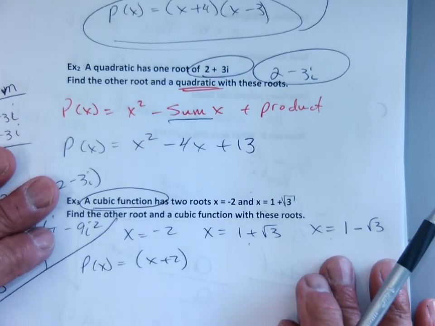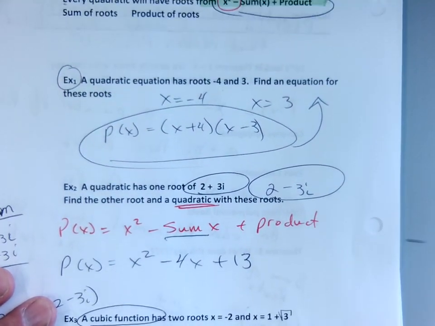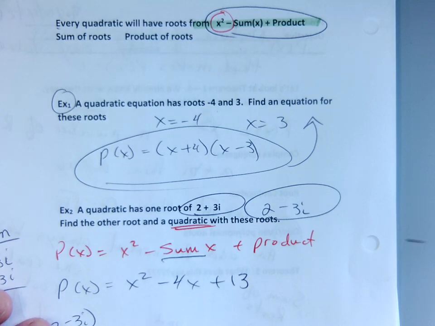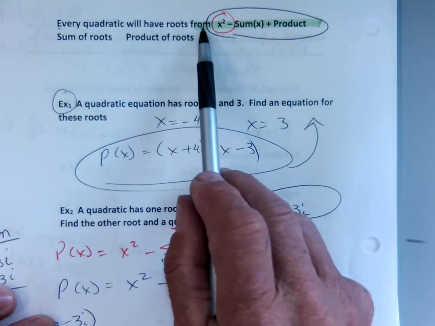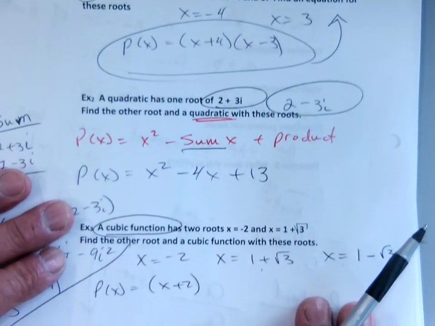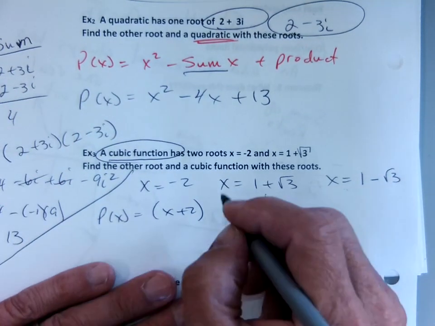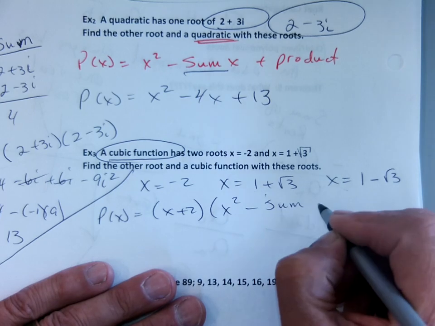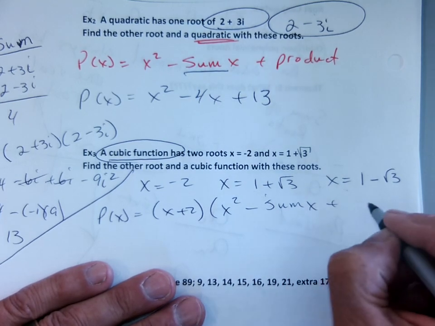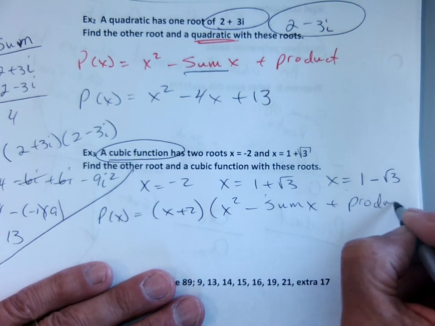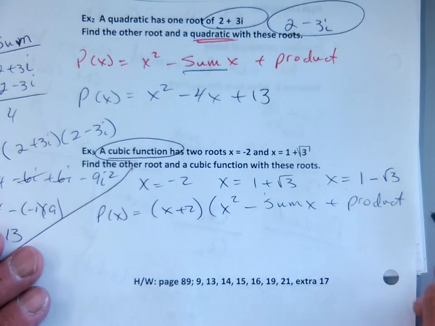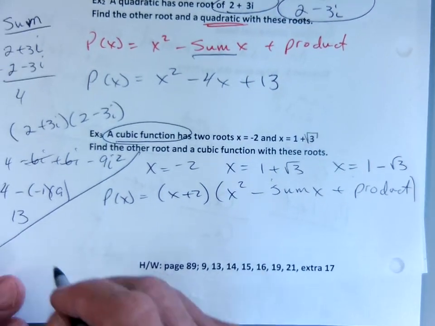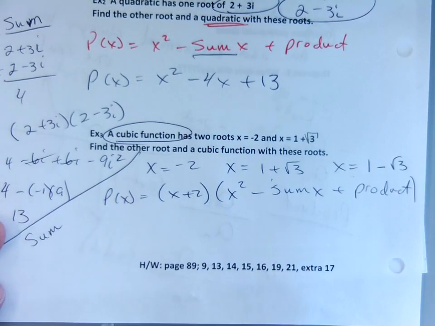So why don't we use our cool little formula to get the quadratic that makes these two. So I'm also going to use x squared minus the sum of my roots plus the product, okay? The sum, that's easy.